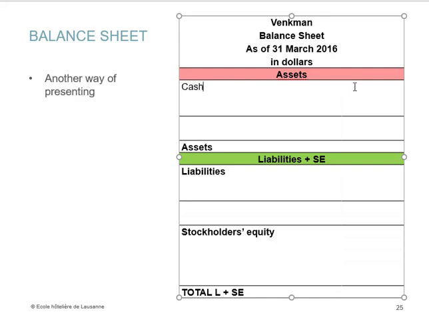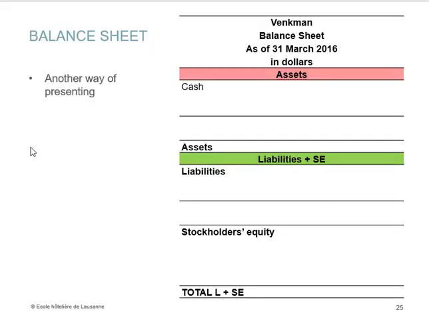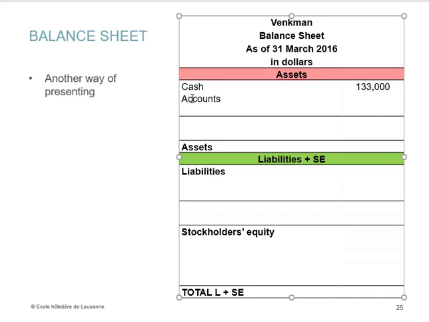So here we're starting with the cash. How much cash do we have? Let's check in our trial balance, we have 133,000. We are putting it here. Afterwards we have our accounts receivable.